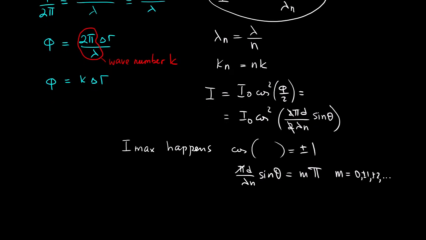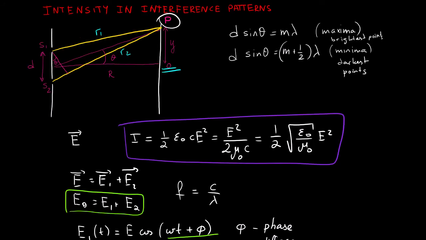Now if we cancel the pi's out, we end up getting d sine theta equals m lambda n. Well, guess what? We already knew this, right? This was the condition for constructive interference.